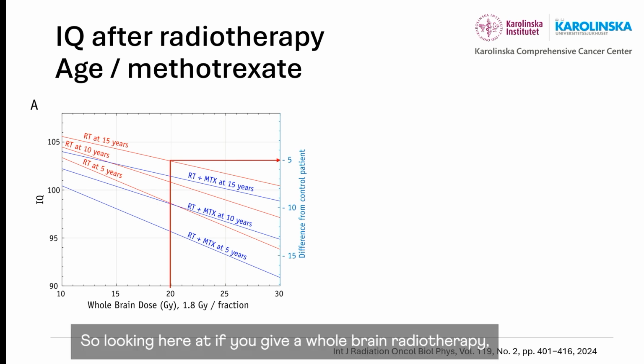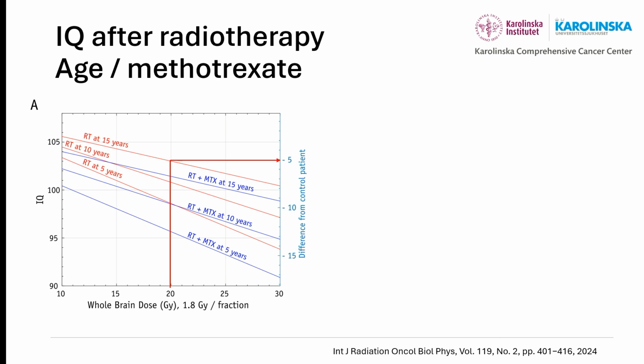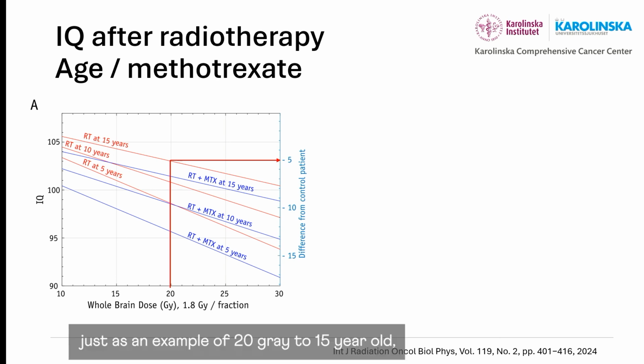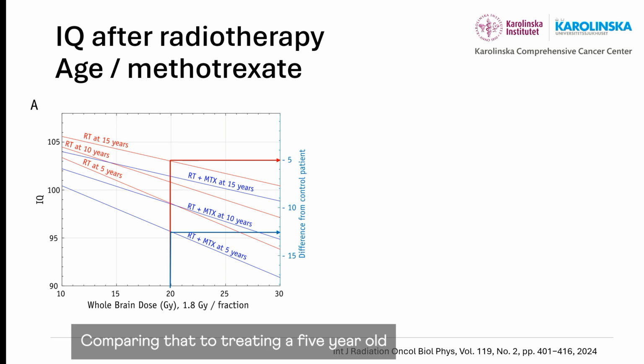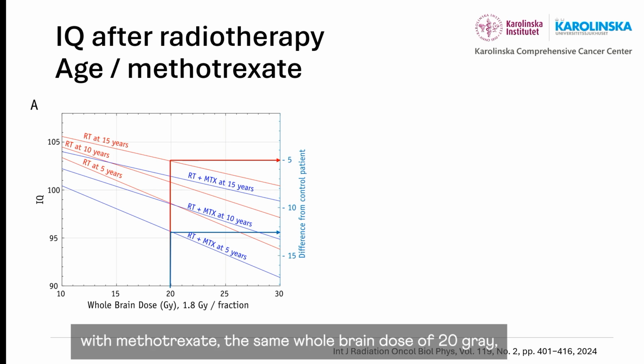Looking here, just as an example, if you give whole brain radiotherapy of 20 Gray to a 15-year-old without methotrexate, you will have an expected 5-point drop in IQ. Comparing that to treating a 5-year-old with methotrexate, the same whole brain dose of 20 Gray, you will have more than 12 or 13 points decrease in IQ.